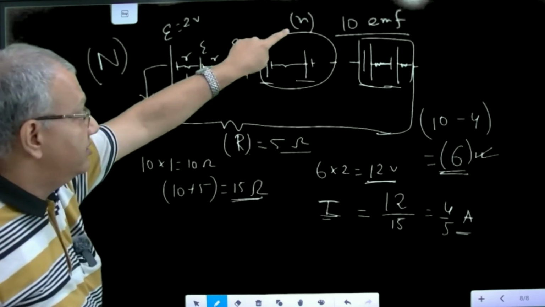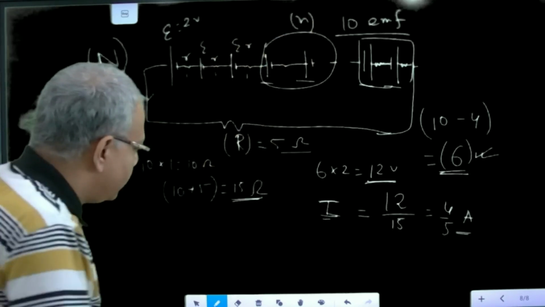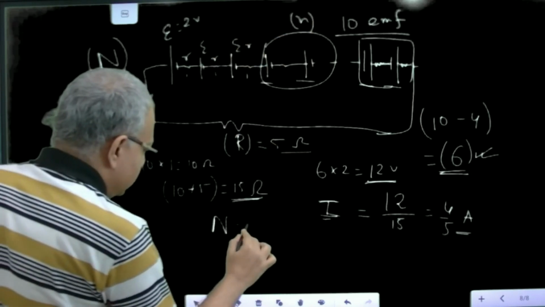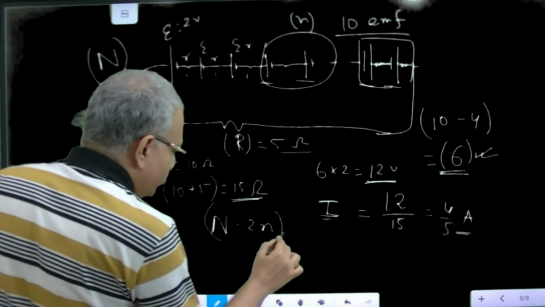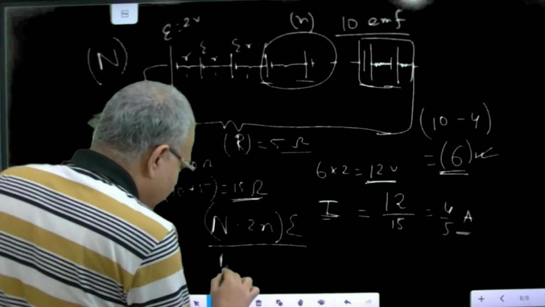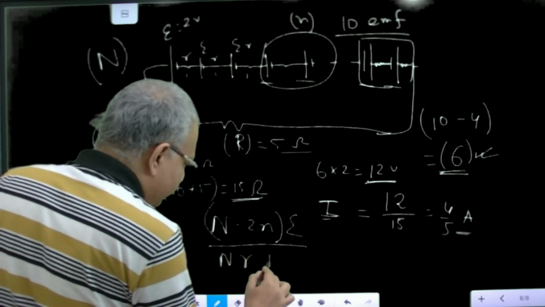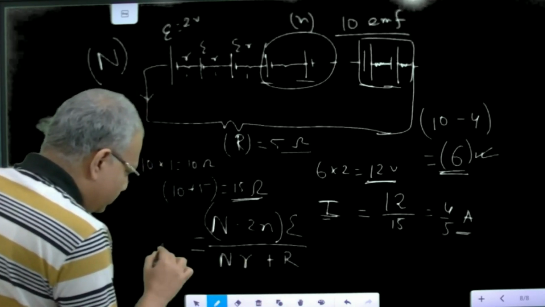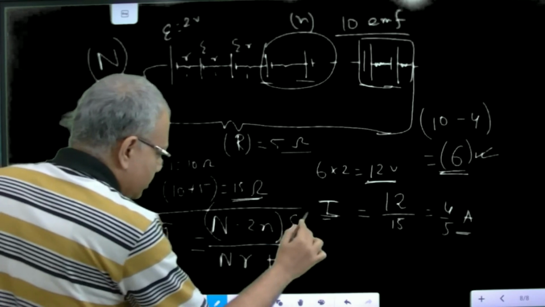Double of that inverted. So what is the remaining part? N minus 2n into E divided by n into R plus R. That should be the total current expression.